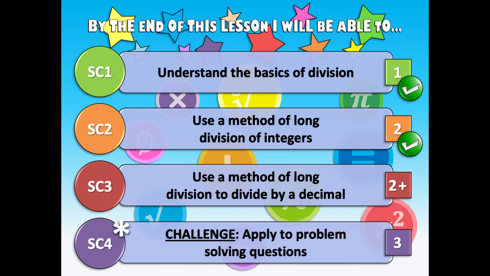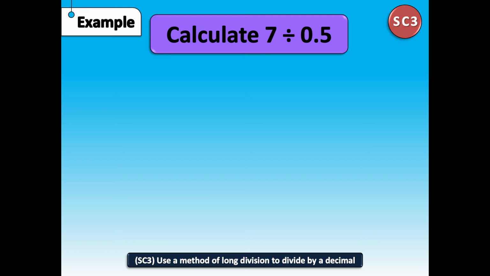So now we're going to move on to number 3, and this is to use a method of long division to divide by a decimal. So here we want to do 7 divided by 0.5. Now when we divide by a decimal, we need to make that decimal a whole number. So we need to think, what can I times 0.5 by to make it a whole number?